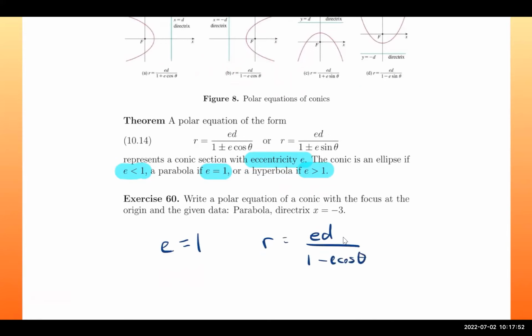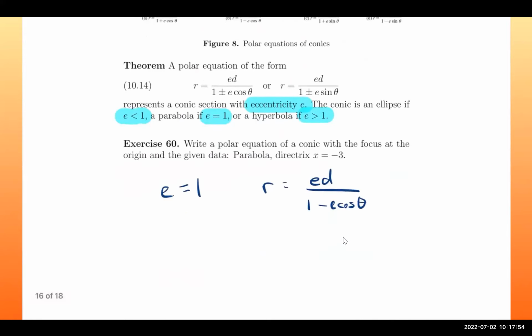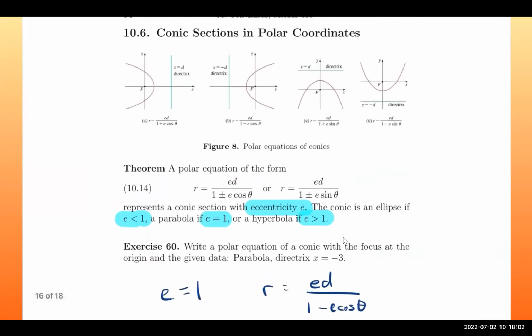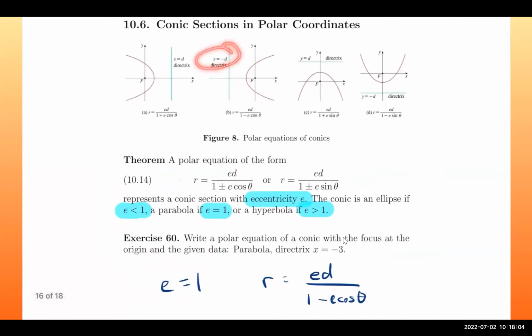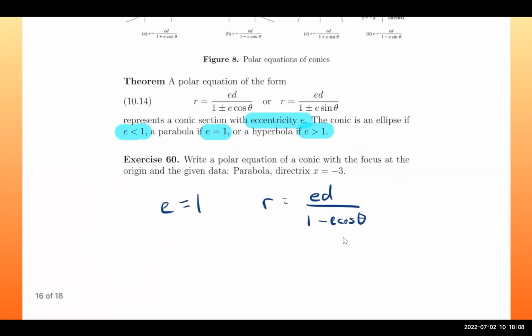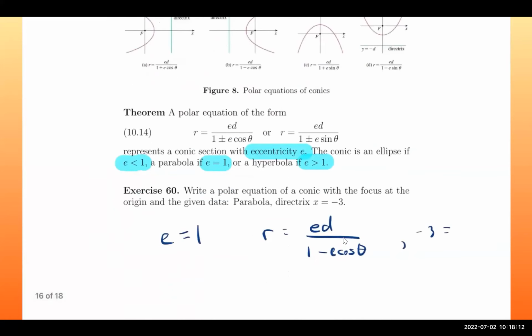It's going to be of the form r equals ED over 1 minus E cosine theta. We already know that E is 1, so we can substitute 1 for E. Also, the directrix, as you can see up here, is x equals -D.